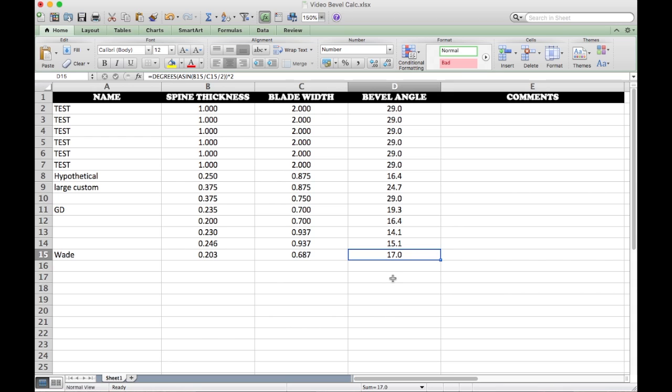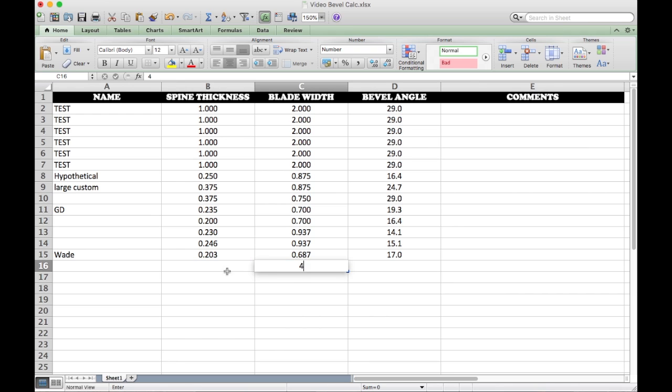A couple other things I wanted to say about the spreadsheet here, the bevel calculator. Another thing. There's some people who will say that there's a 4-to-1 ratio for bevel angle, meaning that the width of the blade should be 4 times the thickness of the spine.